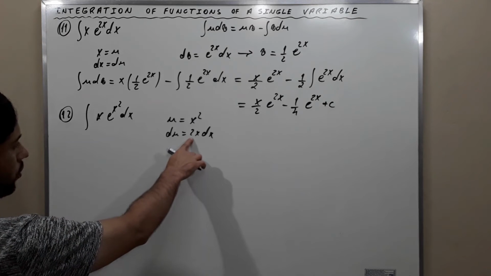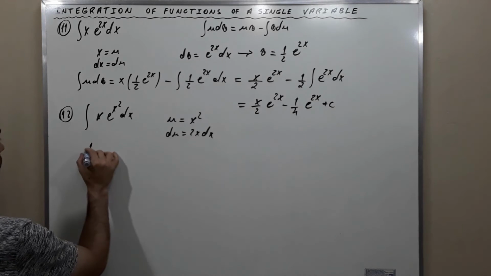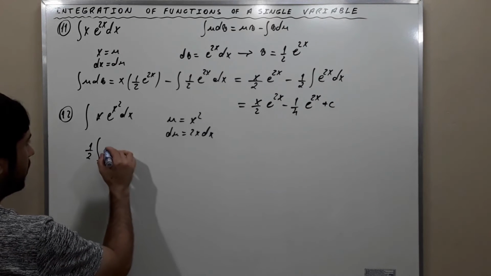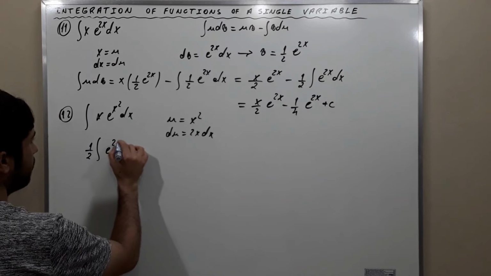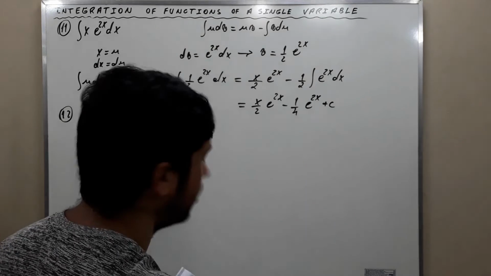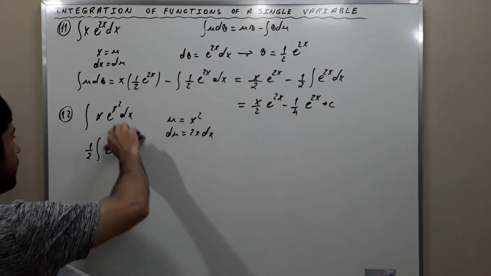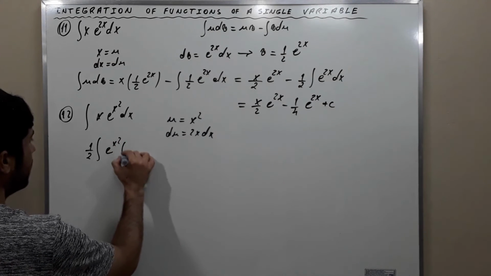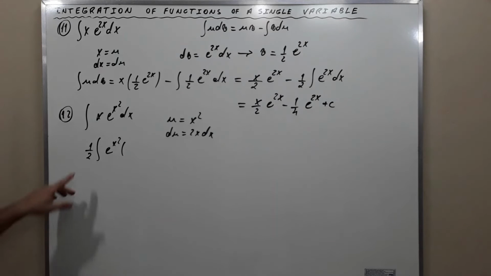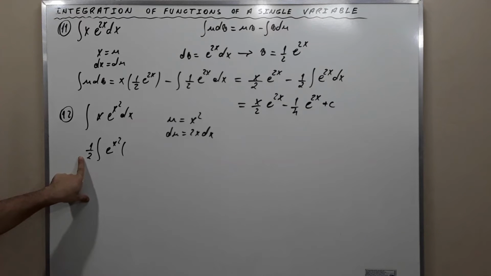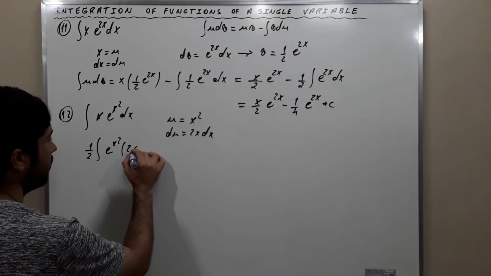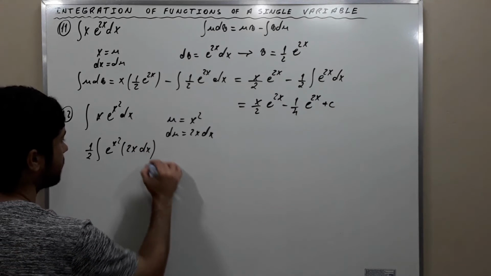To make this 2 appear, we divide by 1/2, so it's going to be 1/2 of the integration of e raised to the power of x squared, and as I divided by 1/2, I can multiply by 2x dx.